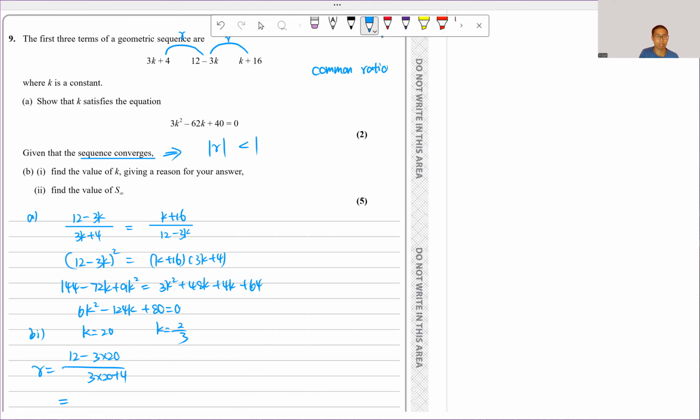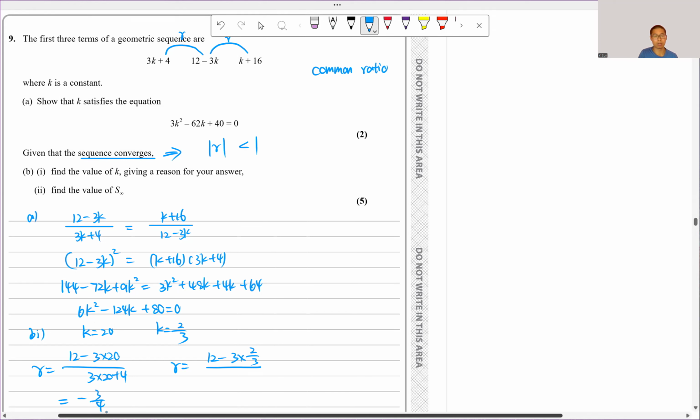So the common ratio r is equal to 12 minus 60 over 60 plus 4, which is negative 3 over 4. And then when k equal to 2 over 3, we will have 12 minus 3 times 2 over 3 divided by 3 times by 2 over 3 plus 4. Then that's equal to 5 over 3.